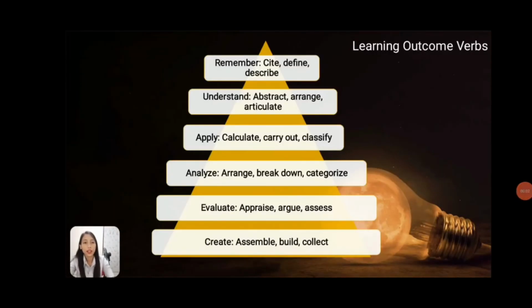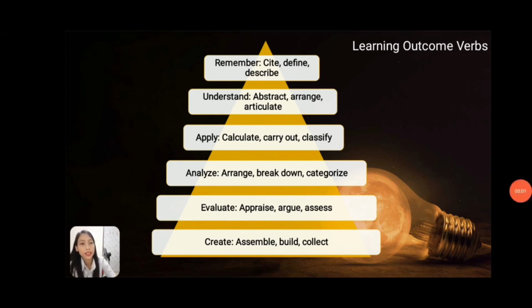So the next is the verbs of Bloom's levels of cognitive learning. Number 1 is remember. It means, can the student recall or remember the information? So when you make questions, you will define a word or give the meaning for them to describe it, cite it, know the exact word.